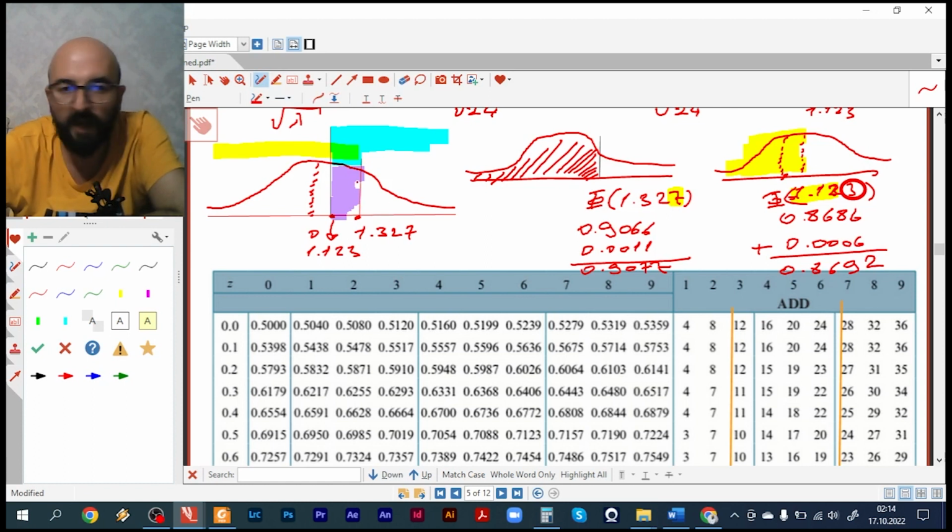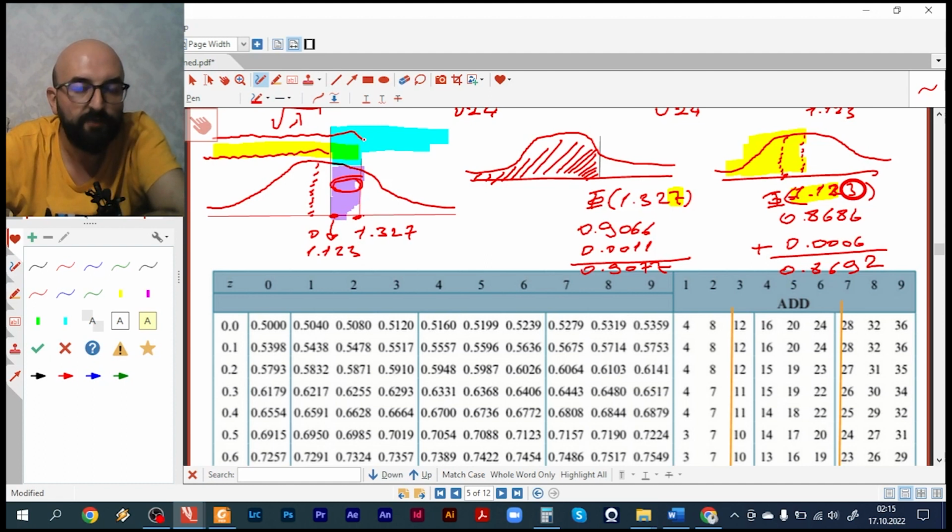Okay, now we could find this section, this area, and we could find this area, but we want to find between these points.